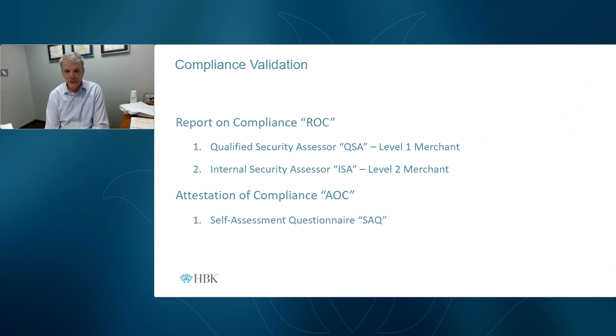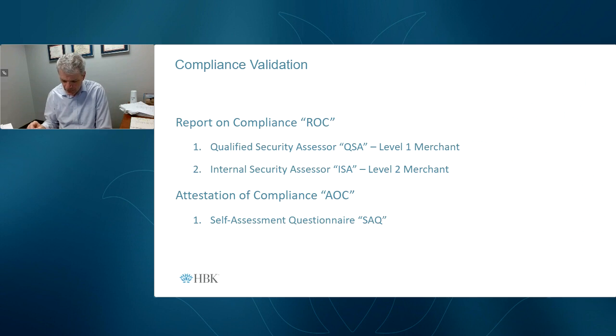If you're a level 2, the next level down, you can do it yourself, but you have to pass PCI requirements to be an internal security assessor. Then if you're level 3 or 4, you can do self-assessment questionnaires. I've got a slide coming up on the next one that talks about the different layers.